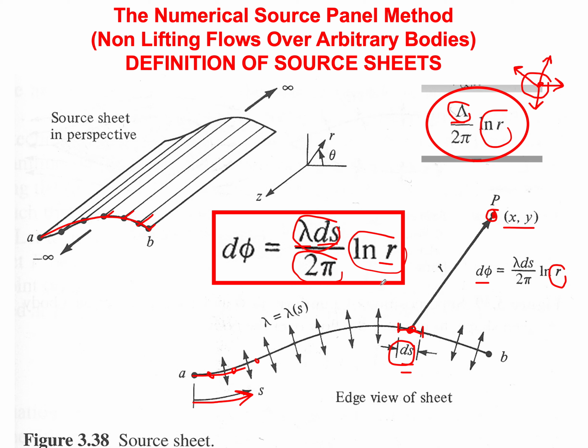So you need to get the net velocity potential at point P. You need to sum up or integrate the effects from each one of those ds's. So you have sheet AB infinitely broken into an infinite number of ds, and then you just sum up the effect at point P.